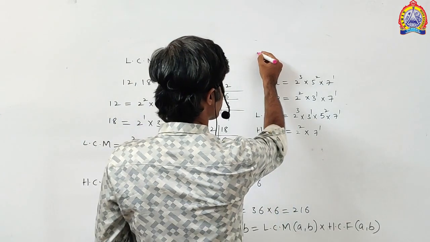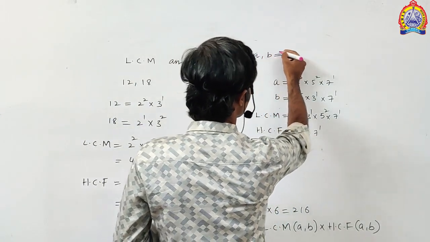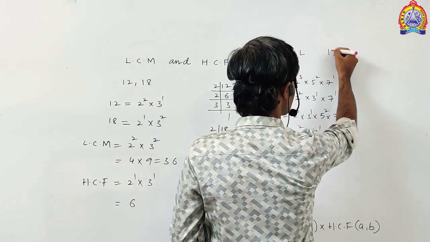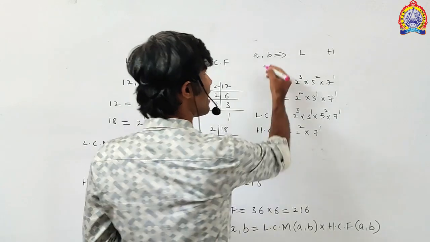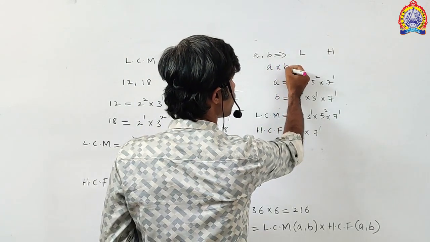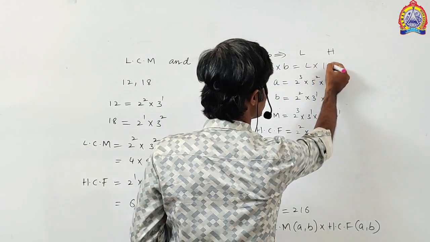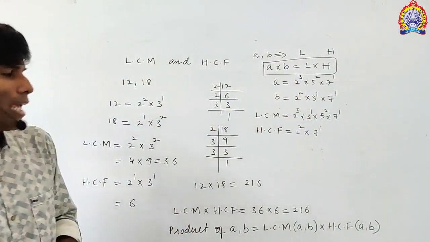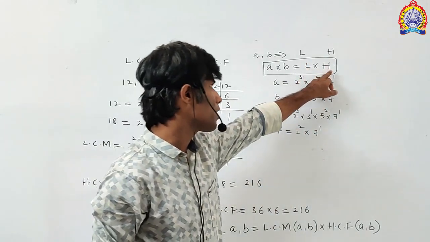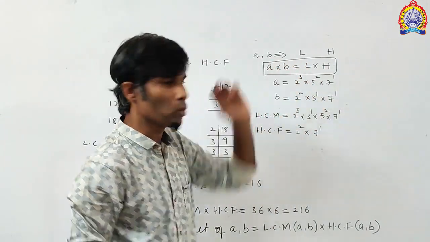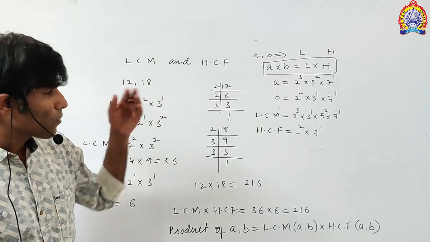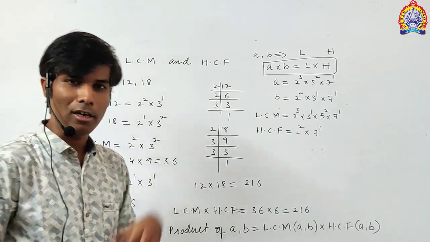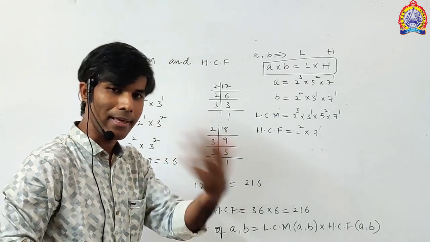Suppose if you have A comma B two numbers, and if you take LCM as L and HCF as H, we can write a relation as product of two numbers equals L into H. Here A into B is equal to L into H. LCM into HCF equals product of two numbers. This fact can be extended to more than two numbers, but we shall not discuss here. That you will learn in higher standard.